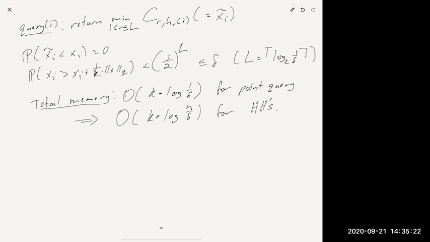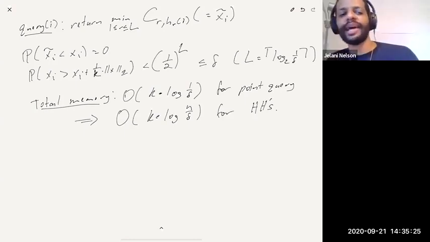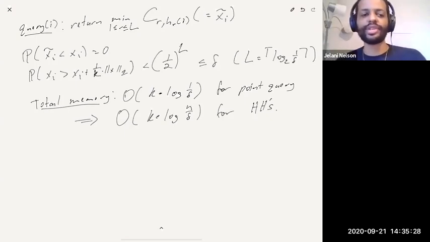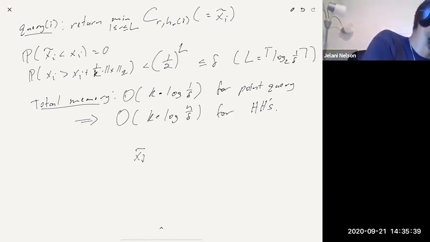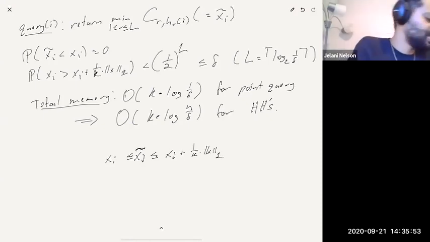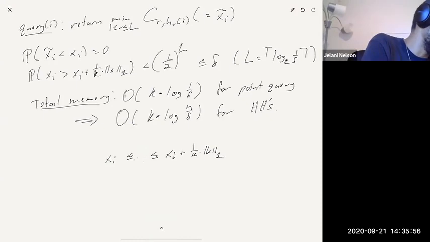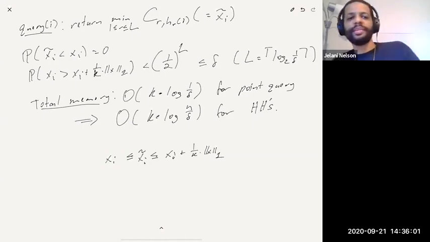The way I defined point query was that you're allowed to underestimate and you're allowed to overestimate, as long as your additive error is at most 1 over k times the L1 norm in magnitude. So this is doing even better, because this is never underestimating. This is giving me something such that xi tilde is guaranteed to always be at least the true xi. But then I know that it could be overestimated by as much as this.